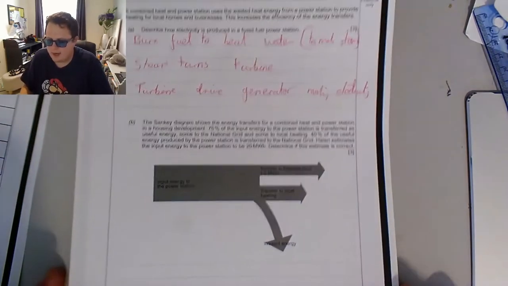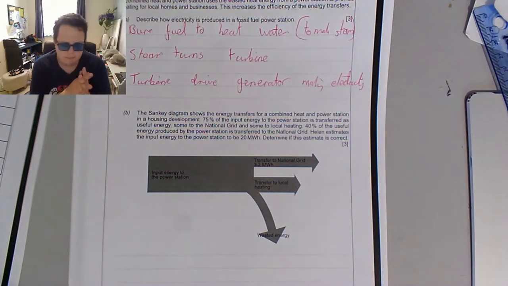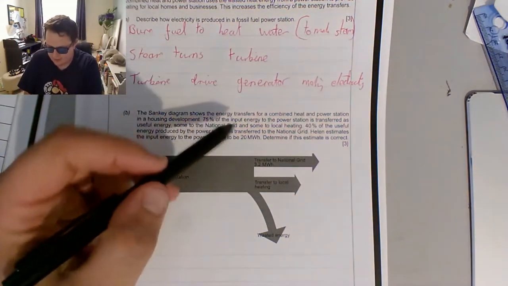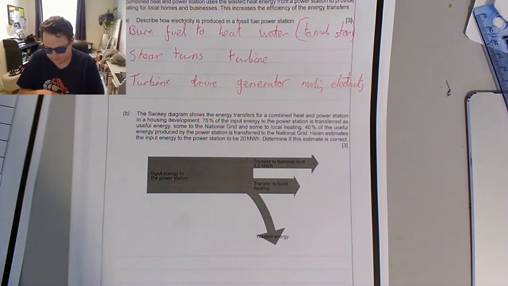Okay, Sankey diagram. Now this question was an interesting question. It was horrible. When I spoke about a maths department, because this is what I'd call a double percentage question. You've got to find a percentage of a percentage, which caught a lot of people out. So we have a look at it. 75% of the input power to a power station is transferred as useful energy.